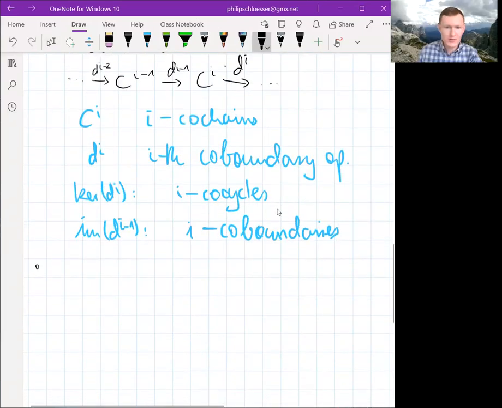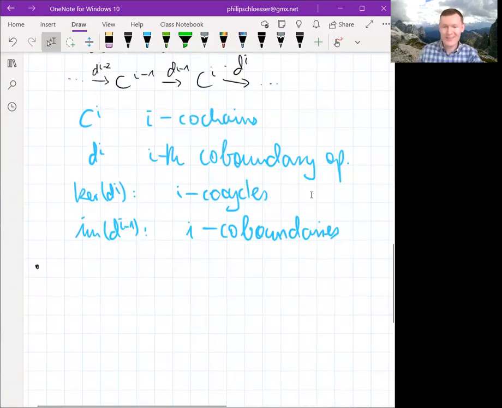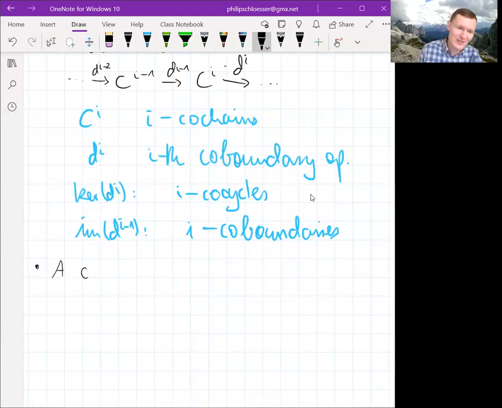And now to sort of keep in theme with my category lecture, I've given you a new kind of objects. So what are the morphisms? The morphisms, well, are called chain maps.